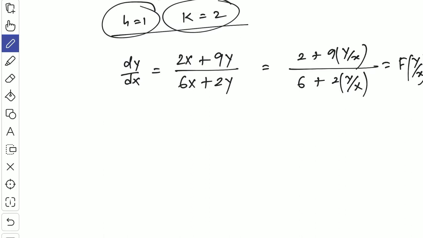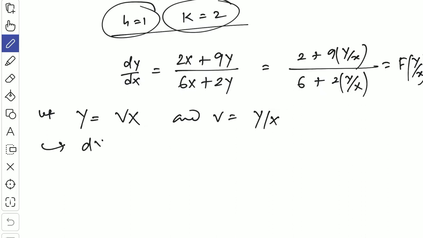So let us apply the variable separable method. Let us put capital Y equal to V times capital X. So V will be equal to capital Y by capital X, and if you differentiate it with respect to X, then dY/dX is going to be V + X dV/dX. That's what you will get.